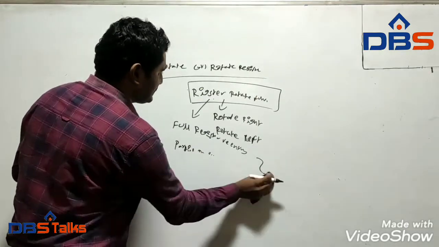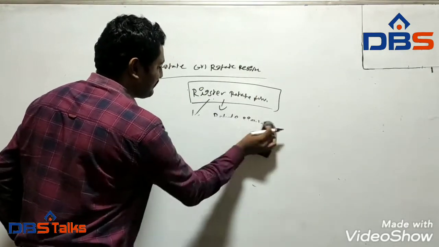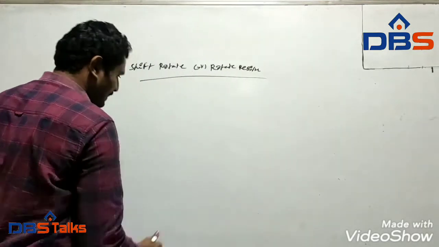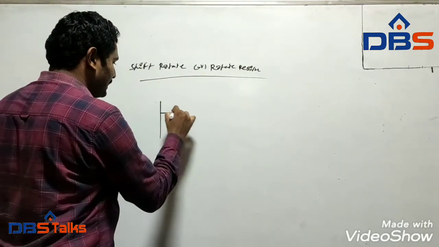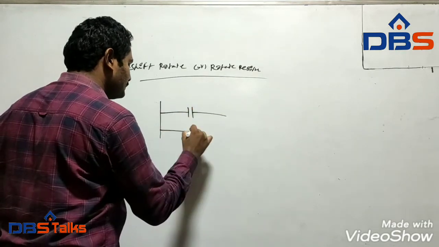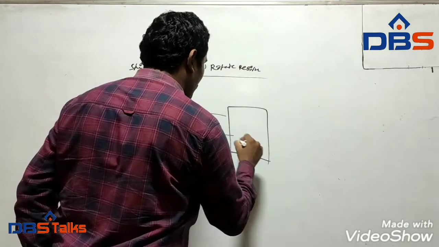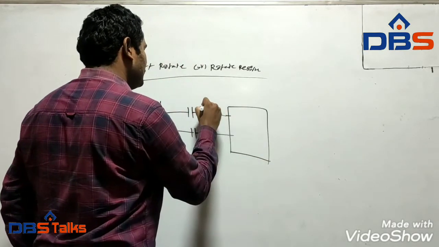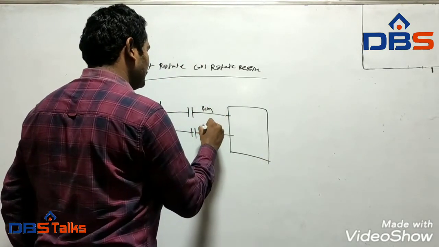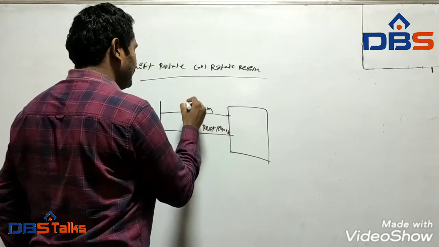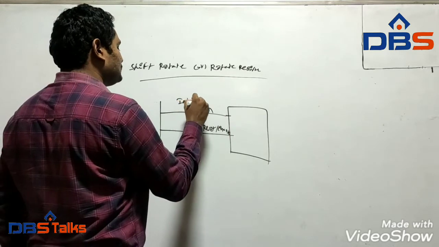I am explaining register rotate with a diagram. Here I am taking two inputs and one functional block. These are the run input and the reset or enable input.